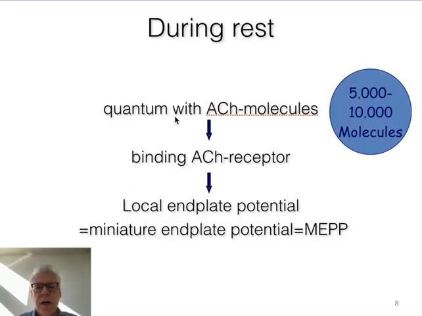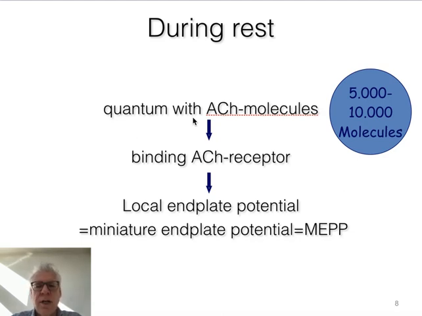During rest, now and then there is a quantum, say a vesicle with acetylcholine molecules that is released, containing between 5 to 10,000 molecules. They bind to the acetylcholine receptors, and that induces a local end plate potential, which is also known as a miniature end plate potential, or an MEPP.